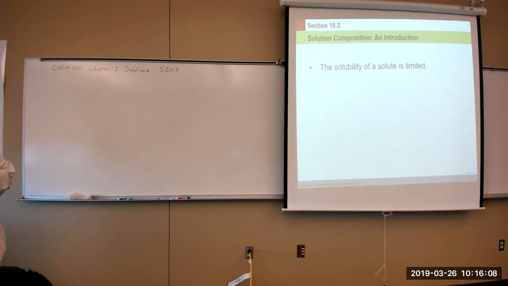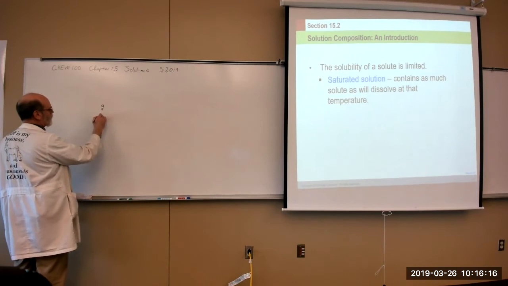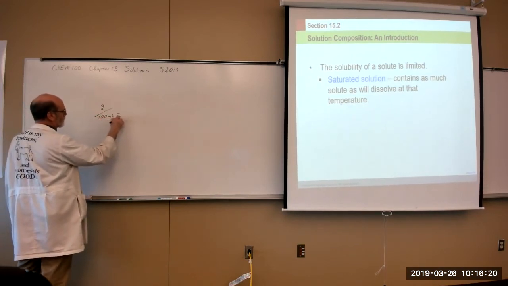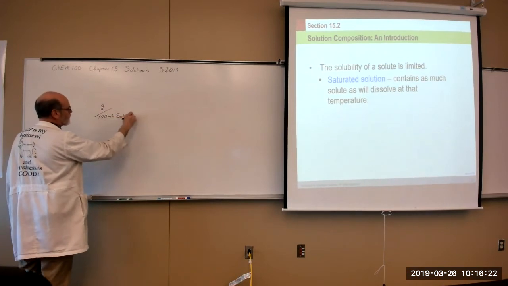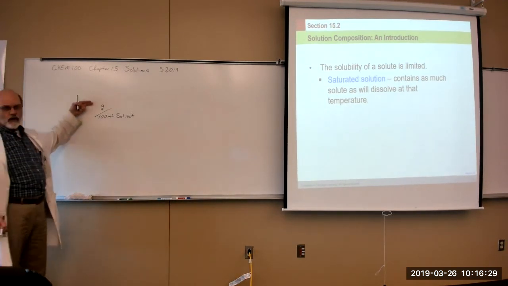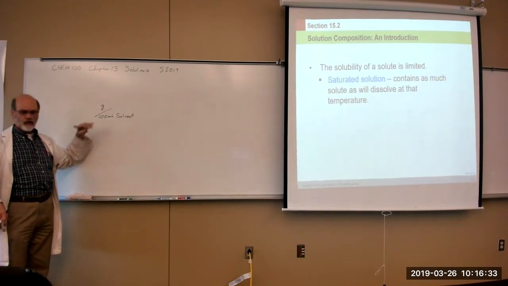It's got all that it can hold. As a practical matter, that will be written as something like so many grams of your solute per 100 milliliters of solvent. If you look it up in a reference manual, it's usually given that way. So many grams of your solute in 100 mils of your solvent, or maybe 100 grams of your solvent.